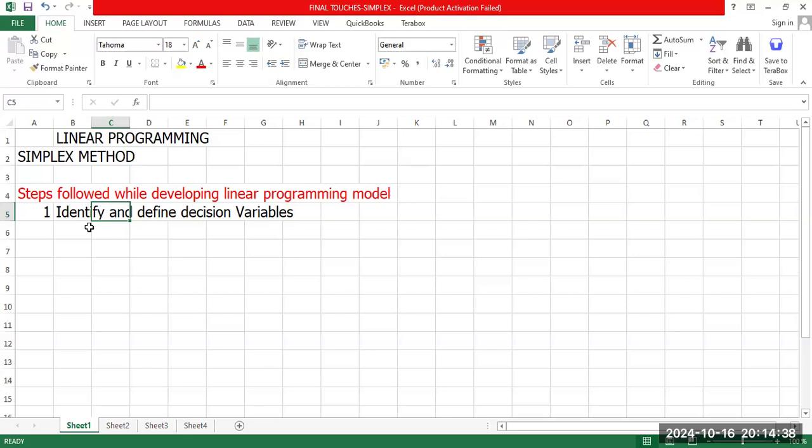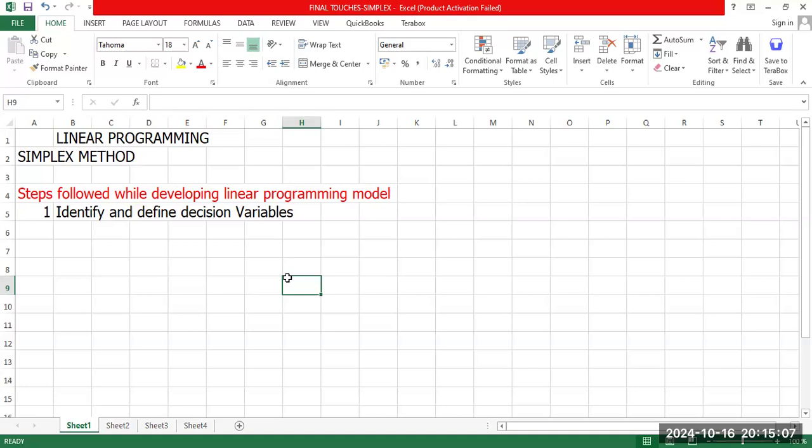If the company is going to produce different products, then you cannot keep on using those product names. You have to define them. And when we are defining them, we are simply using unknowns. Let's say you're going to use X, Y, Z to define your variables. That is the meaning of defining.